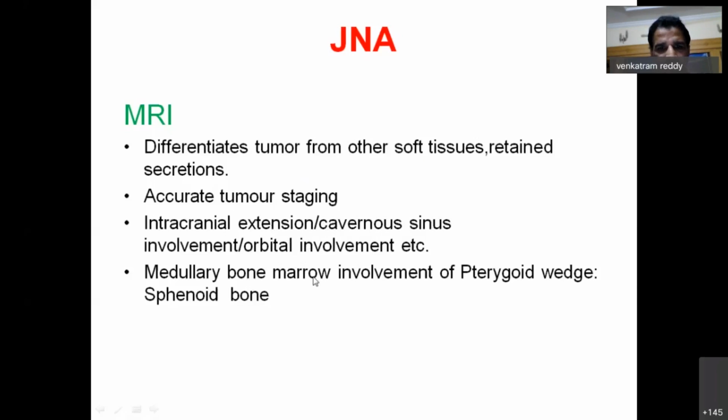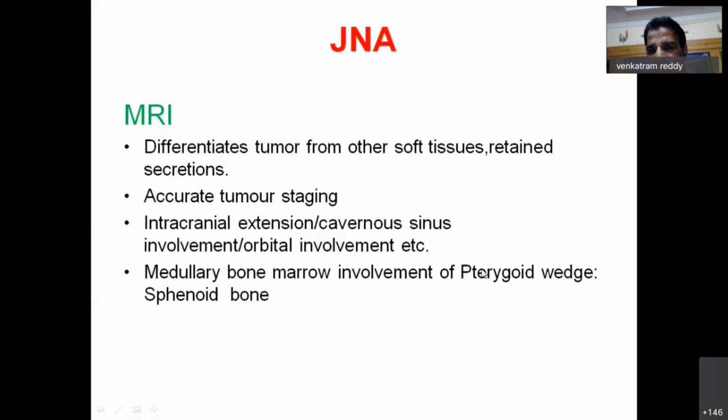The medullary bone involvement of the pterygoid wedge. The pterygoid involvement, especially the medullary bone, cannot be delineated using the CT contrast for a JNA evaluation. The MR is the only one which can give a very clear picture of pterygoid wedge involvement, because the most typical site of origin of JNA is the pterygoid wedge, and sometimes the base of sphenoid and the sphenoid bone itself.